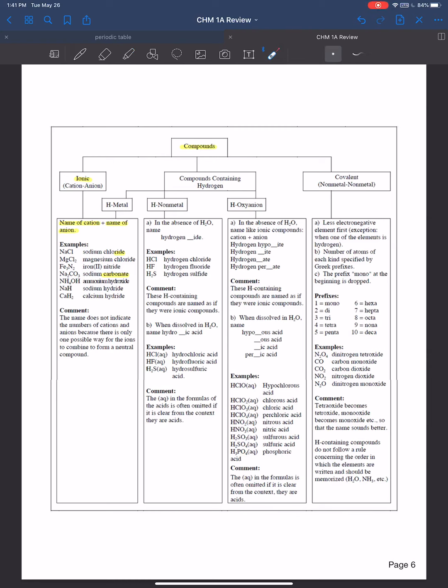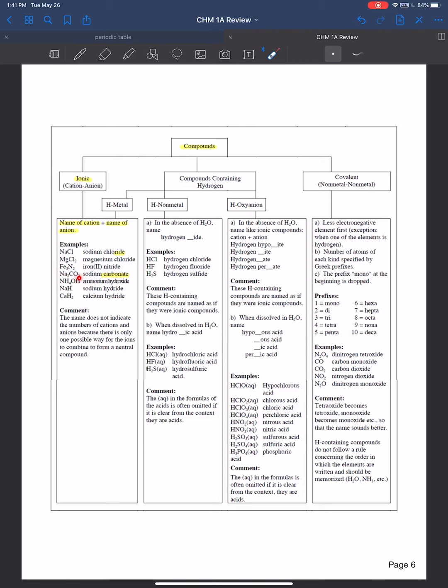So for example, here, full name sodium and then chloride, magnesium chloride. Here, the cation, because it's a transition metal, we had to indicate its charge. This is iron 2, and then nitrogen turns into nitride.